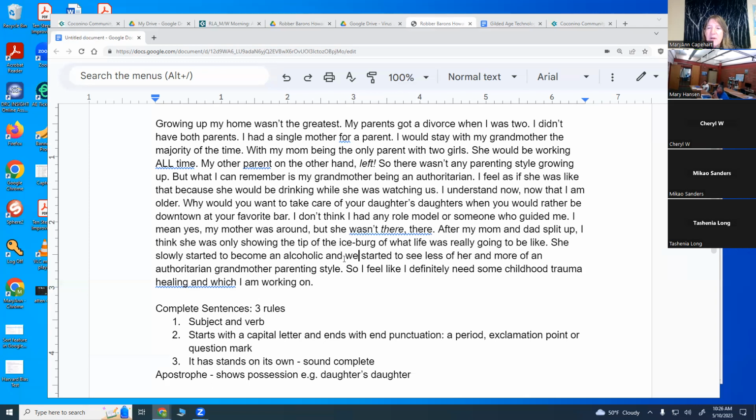So only showing the tip of the iceberg. I see, in terms of her reaction to the divorce, I think what that means. At first, she only showed a little bit of what was going to go down, and then it got more and more real about her not being present for the family. She slowly became an alcoholic, and we started to see less of her and more of an authority.